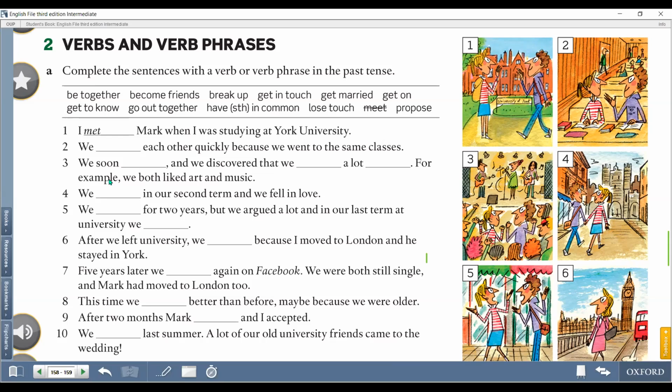Get on, get to know. We got to know each other quickly because we went to the same classes. Got to know each other. Okay, very good. We soon became friends.